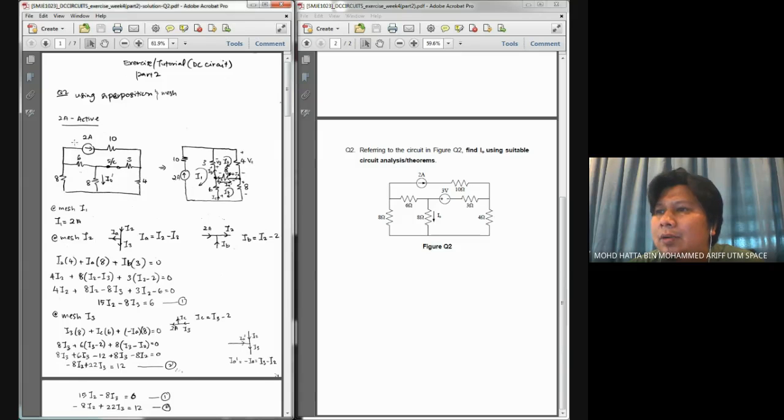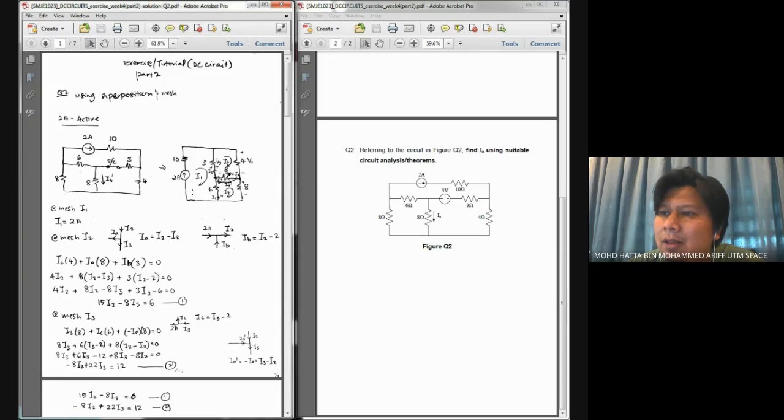Here, first, when 2 ampere is active, I would consider my voltage source over here as a short circuit. And I try to calculate IO flowing through the 8 ohm resistor, and I label it as IO prime. Once I simplify the circuit, I saw 3 meshes, and I decided to use mesh analysis.